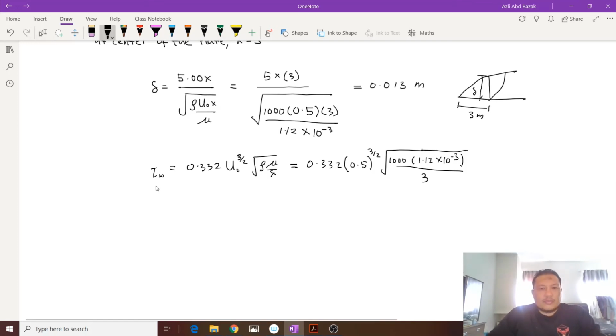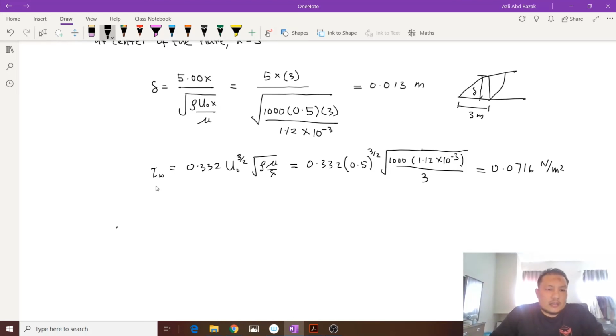If you calculate this, you will get the answer 0.0716 Newton per meter square. This is at the center.